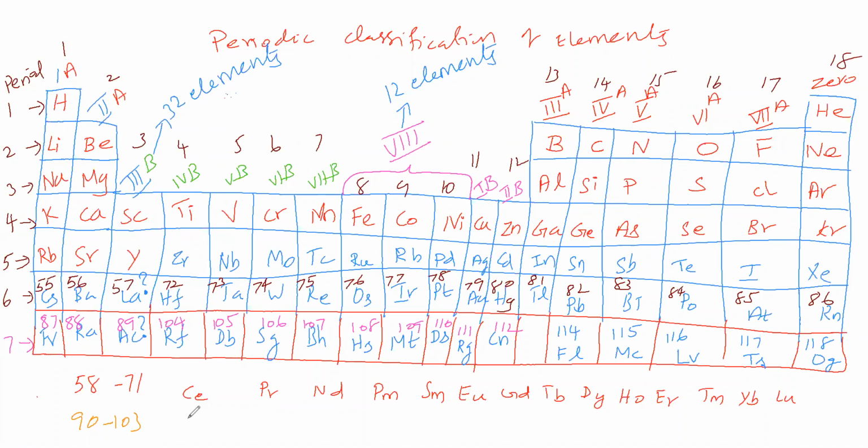Those elements we will see. 90 thorium, 91 protactinium, 92 uranium, 93 neptunium, 94 plutonium, 95 americium, 96 curium, 97 berkelium, 98 californium, 99 einsteinium, 100 fermium, 101 mendelevium, 102 nobelium, 103 lawrencium.